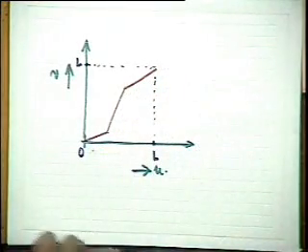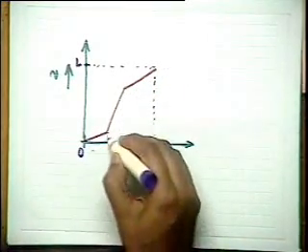What do you see in this type of transformation function?